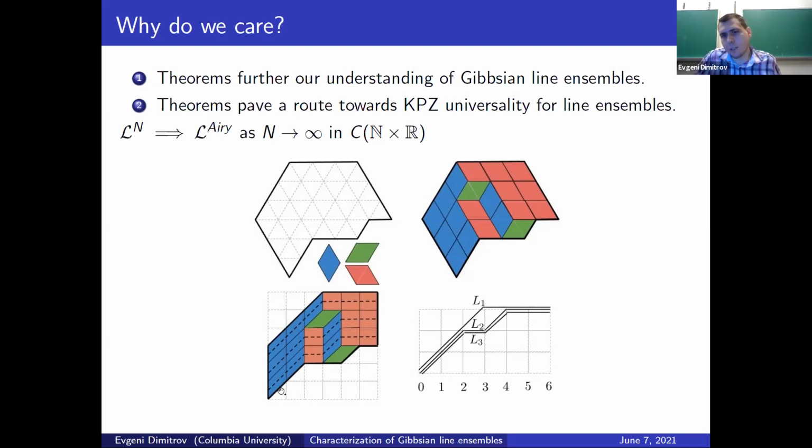Hopefully it's clear from the picture how the correspondence occurs, and that this is indeed a discrete analog of the Brownian Gibbsian line ensemble that I had before, where the only thing that changed is that I replaced the Brownian motions underlying that path measure with Bernoulli random walks, which are discrete objects.